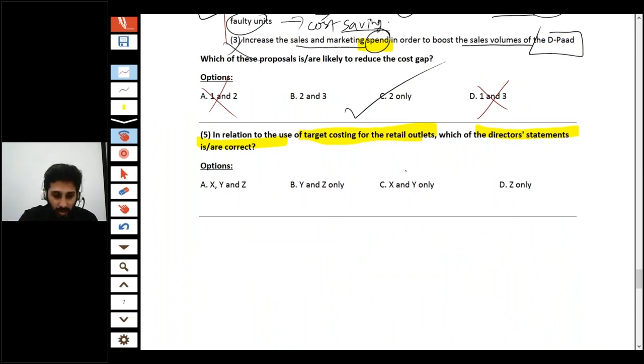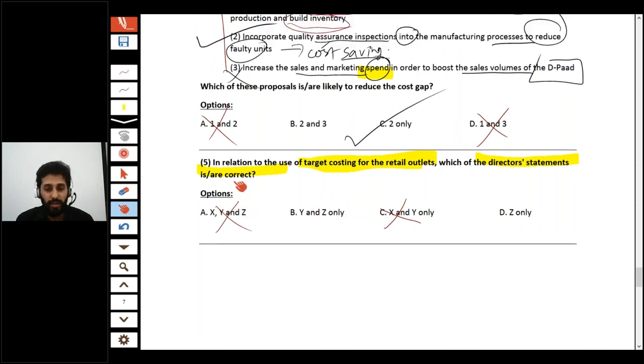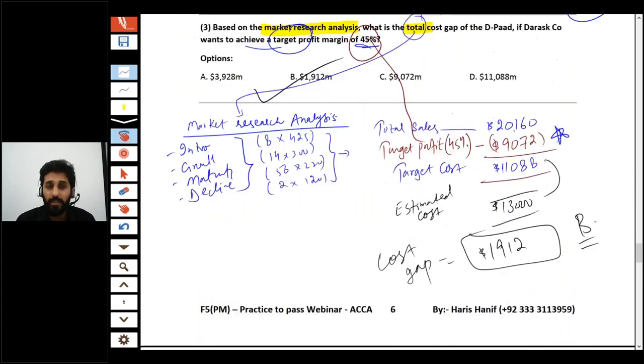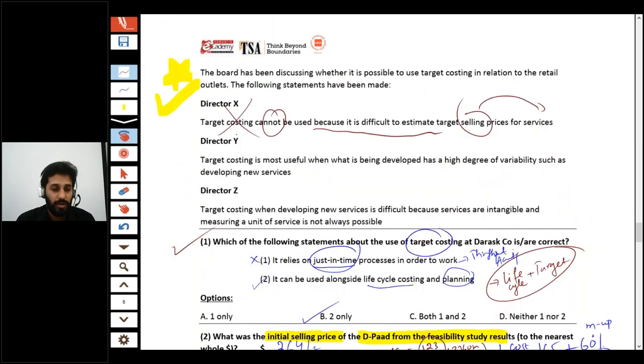Director X is crossed here, so that means we are left with Y and Z. So Z is in both. Z is correct. So we have to read Y, but I will be reading both.